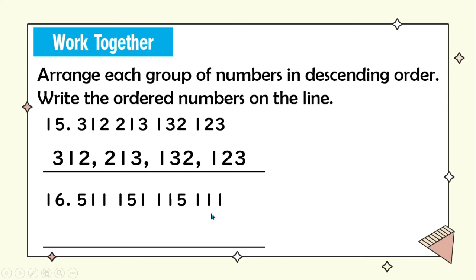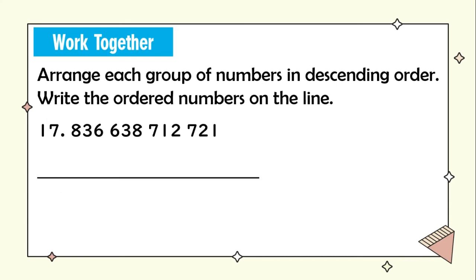And the greatest number is 5. Very good. So followed by 151. And as you can see, the remaining two numbers have the same value for tens. So let's proceed to ones. We have 5 and 1. The greatest number is 5. Very good. So the number 115 is next, and the least number is 111.